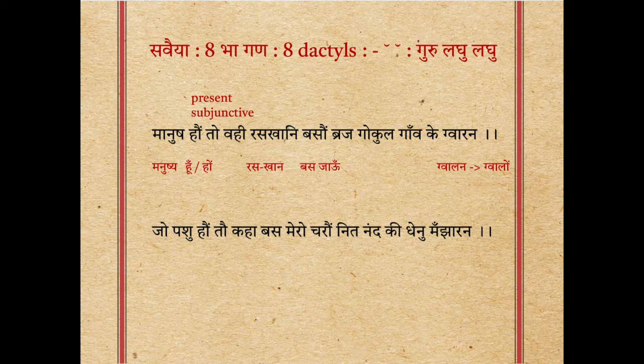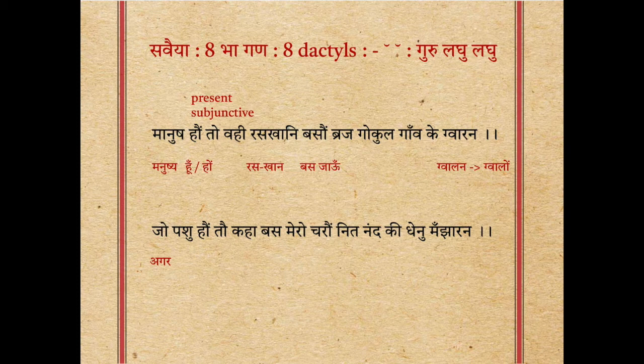Now let's look at the second line. Jo pashu haun. Jo here does not mean the modern Hindi jo, but rather if. It's equivalent to the modern Hindi agar. Pashu, an animal. Haun, again, the first person in the present subjunctive, if I shall.